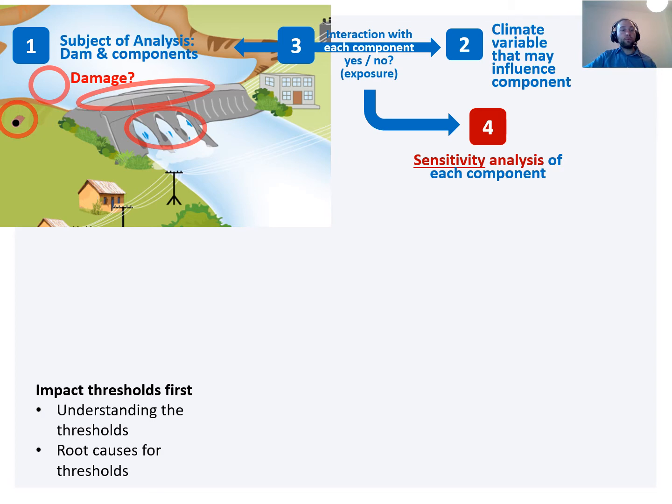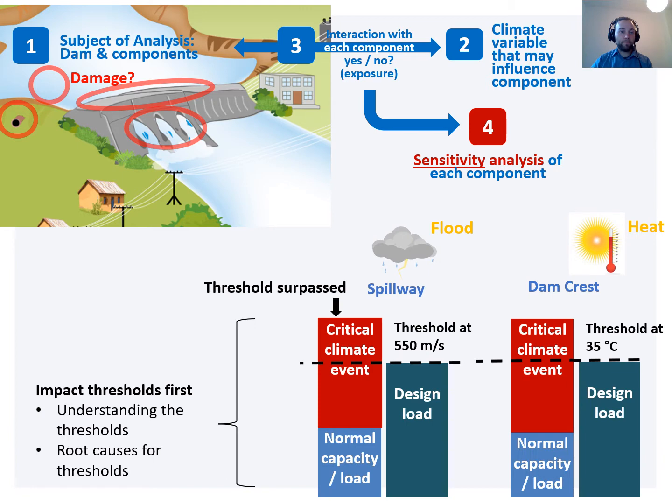Of course, it's also very important to understand the thresholds that guide our infrastructure. Which water pressure does our dam withstand? And in which situations are these thresholds critical? As an example here on the left-hand side, we have the spillway, and if we analyze floods, the design load is 550 meters per second.